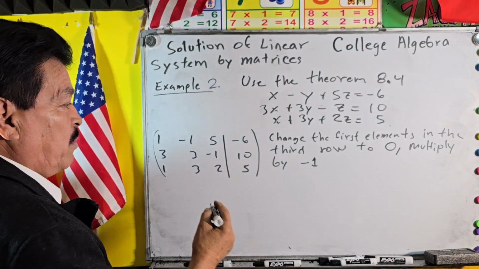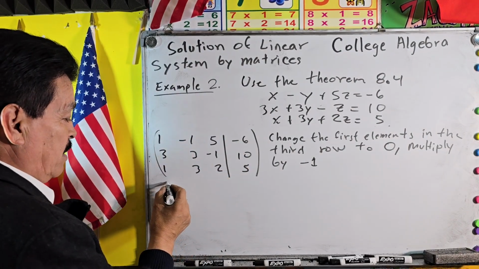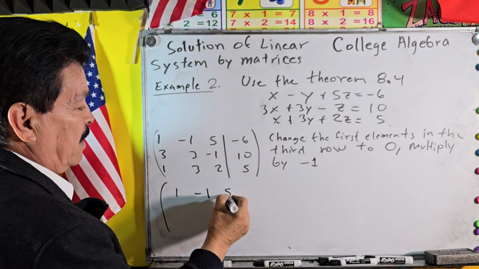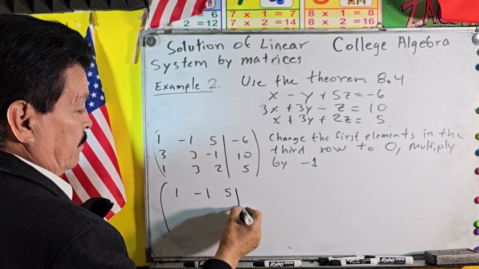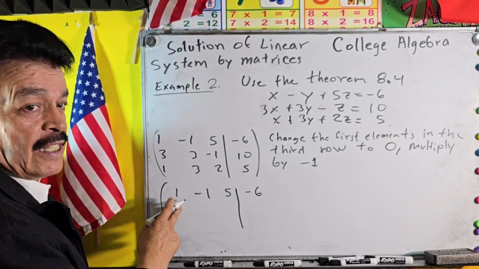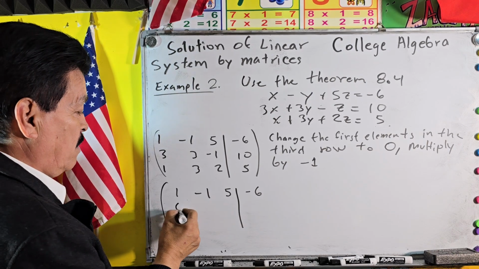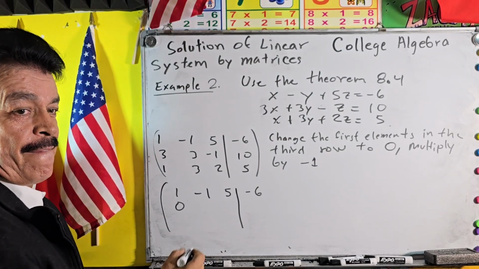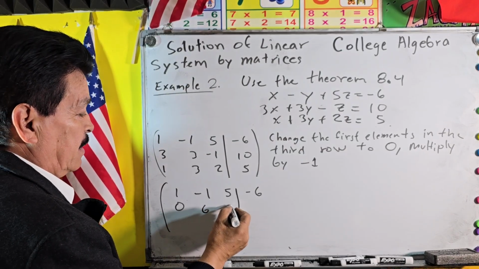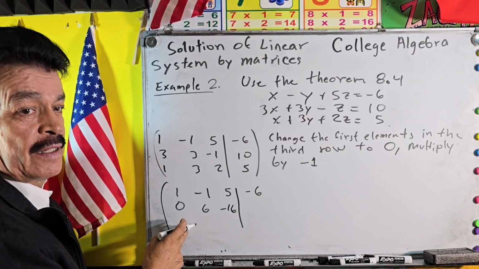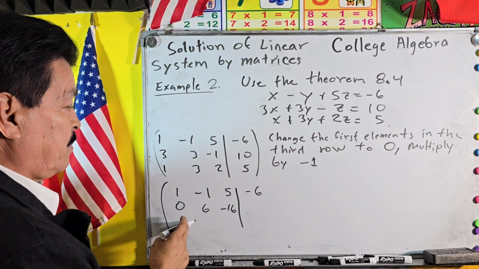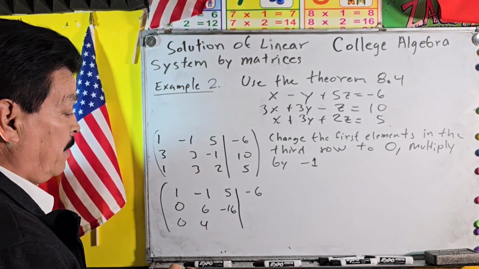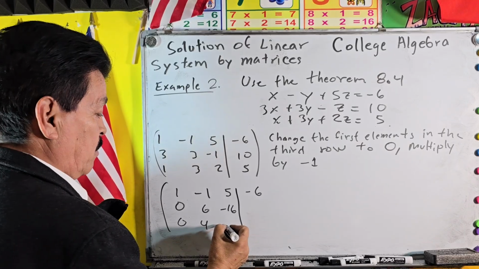If we do this, we will have, look at this, let's write right here: 1, -1, 5, -6, and then here we will have 0, 0, 6, -16, and then 0, 4, and then -3.